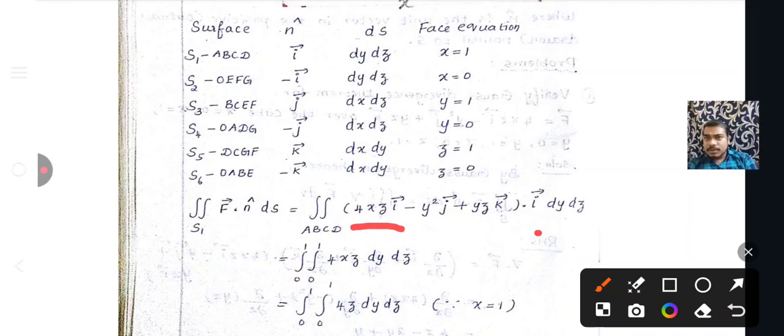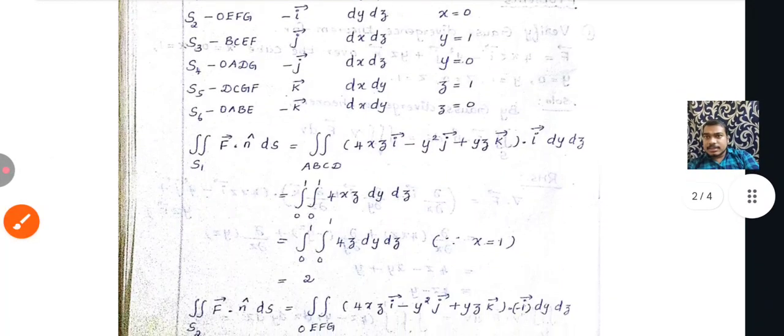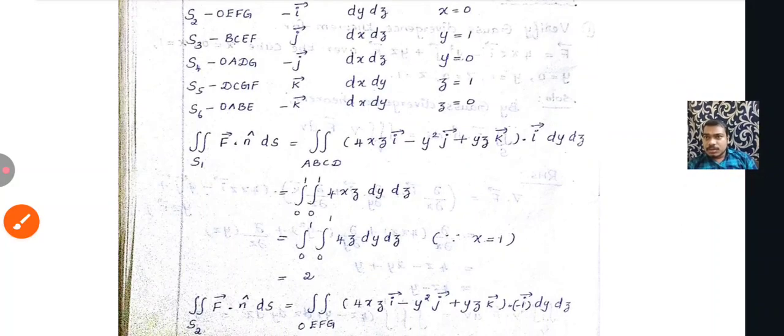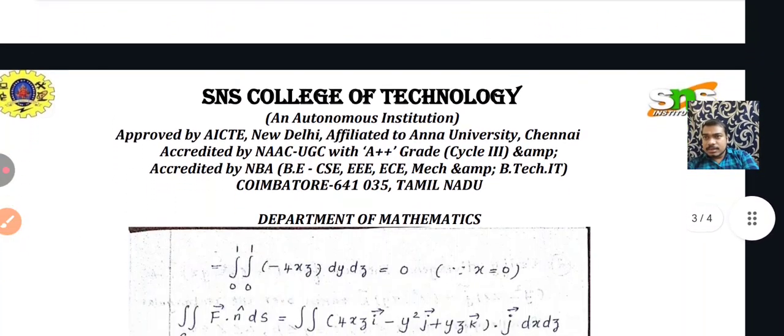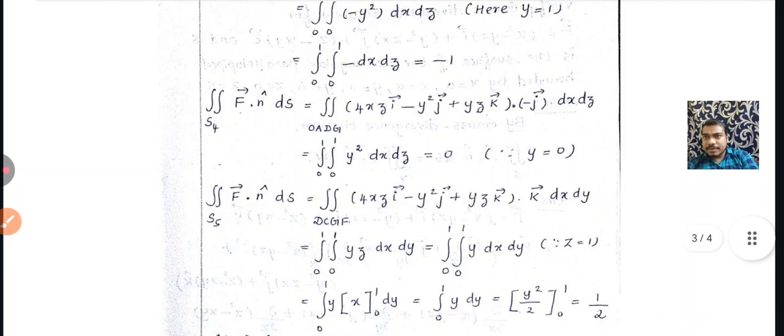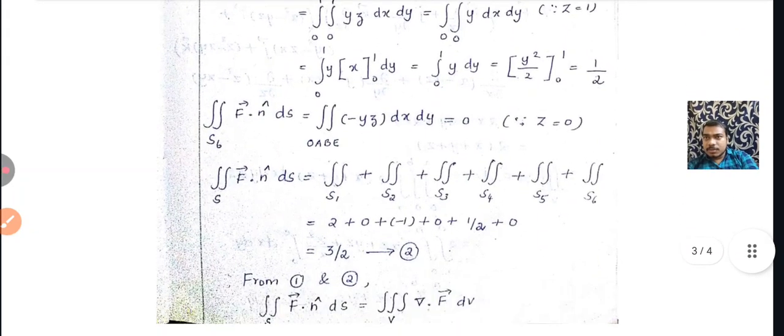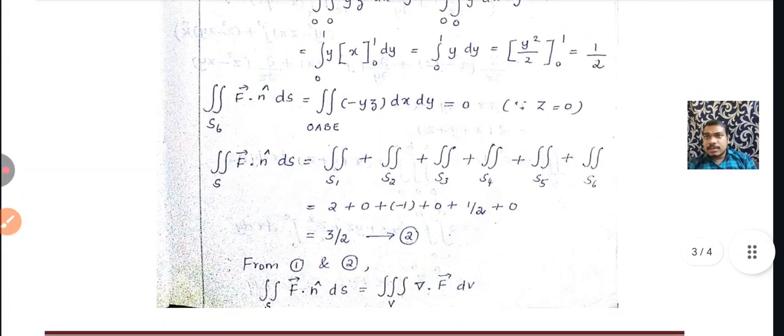Next, the double integral from 0 to 1 of 4xz dy dz. Here the face equation is x equal to 1, so 4z dy dz, which gives 2. Similarly, we find S2, S3, S4 and S5. Adding the 6 surface values, we get 3 by 2.